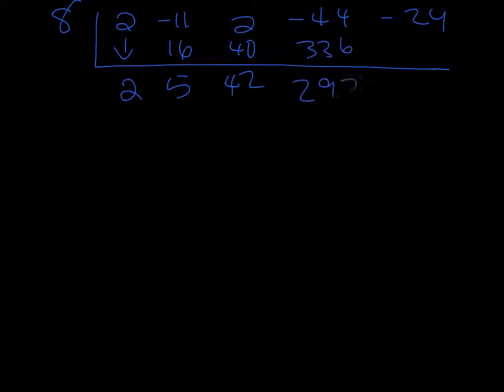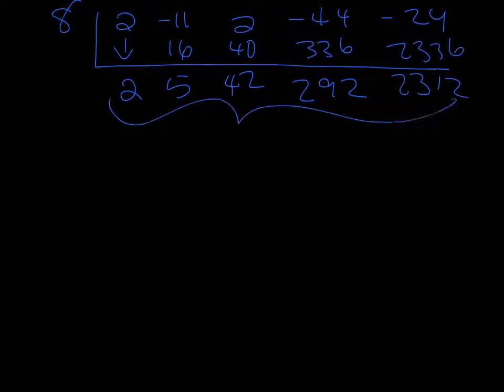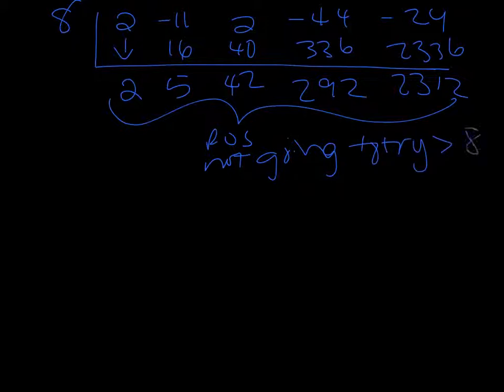And as you can see, if we keep going, this is just going to get ridiculously large. These are all positive, so you're not going to try anything bigger than 8. We're not going to try 12, we're not going to try 24.